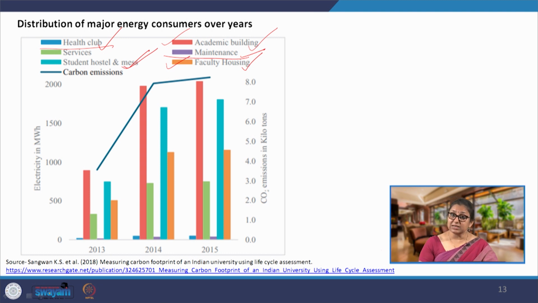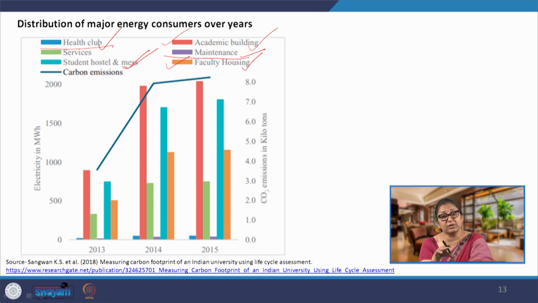That is the scenario that we are looking at in campus buildings, in university campuses, and a large part of this, as we understand, is going for buildings. So, if we look at that, buildings are responsible for around 50% of the emissions that are happening on the campus.